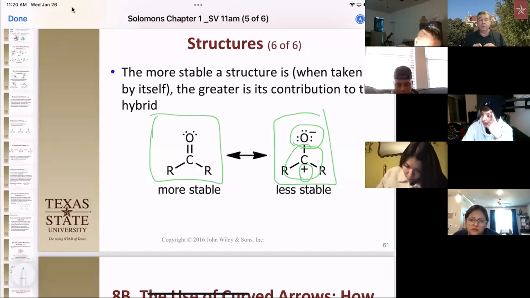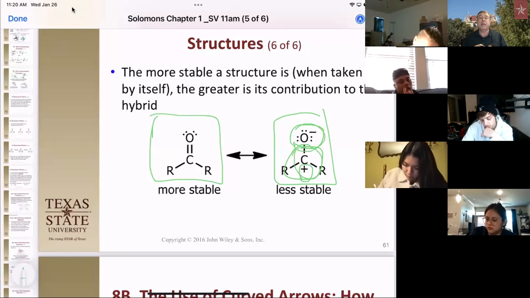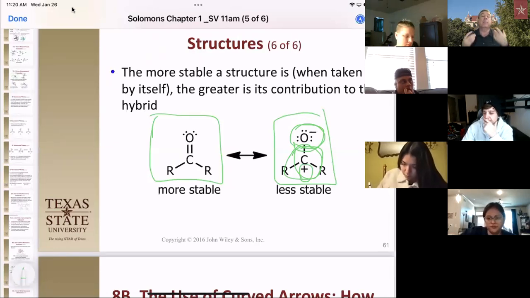Okay, now, which is more stable? The one without the charges and with all atoms having an octet is more stable than the one with the separated charges right here. Meaning that if we were to say which of these contributed more to the structure, what does it look like most?